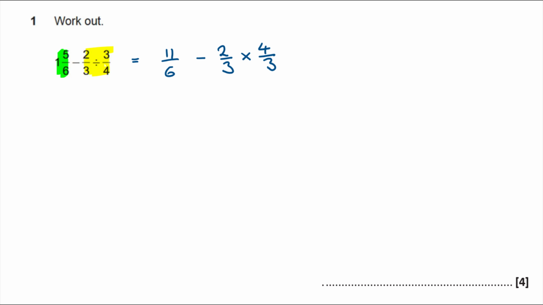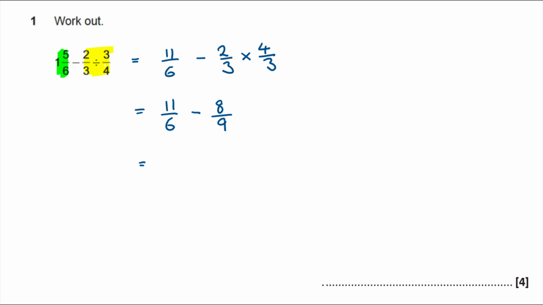Is there anything top and bottom I can cancel? Nope, so I'm just going to multiply. That gives me 11/6 minus 2 times 4, that is 8, over 3 times 3, that is 9. Now that the division's out of the way, let's move on to the subtraction.